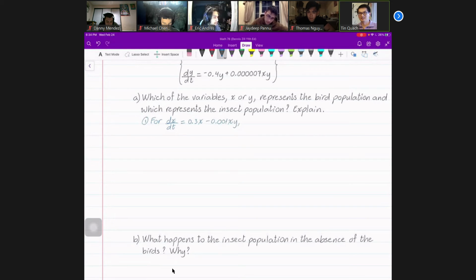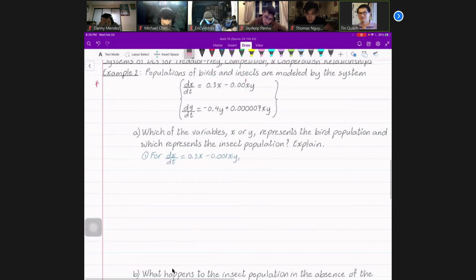So let me point out this term right here so you know what that means. When you have a term that has a product of two populations like this, it tells you this is when population X and population Y are interacting with one another. That's what it means by a product of two populations. That's when they interact.